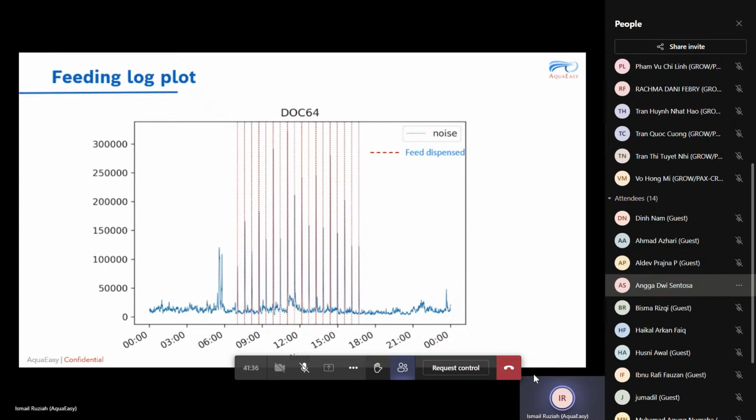The next plot is that, for example, we only have 3 points, but the machine learning model can still do prediction for the next 10 days, or roughly 1 week, of how the shrimps grow before your next MBW measurements. And we use this predicted MBW measurement, put it into the machine learning model, the feeding amount, the feeding table, the curves, then we get the feeding amount for the next few days.